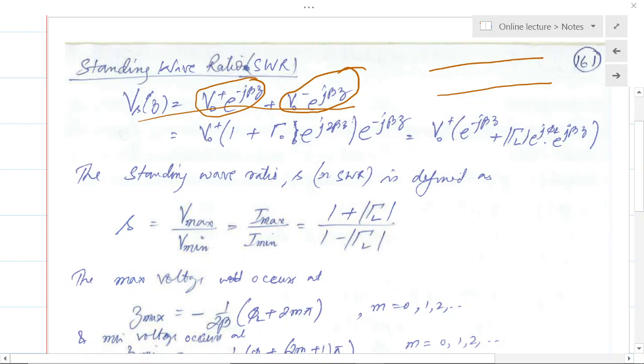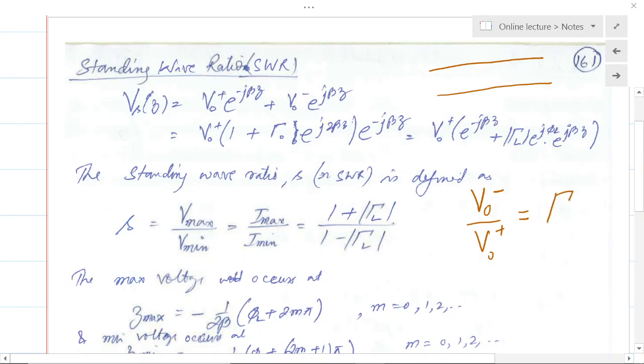Then you can write this expression by taking out V naught plus as common, and it will be 1 plus. Before that, you know that V naught negative over V naught positive is the reflection coefficient at z equals 0.